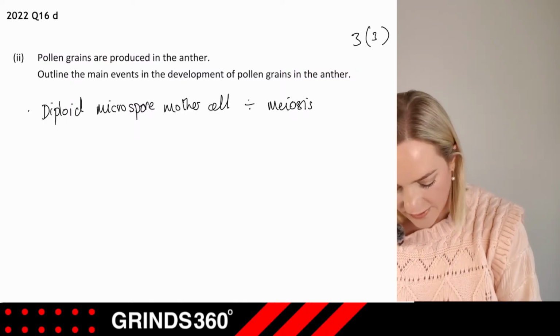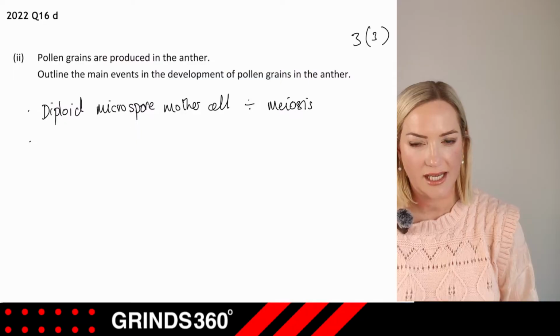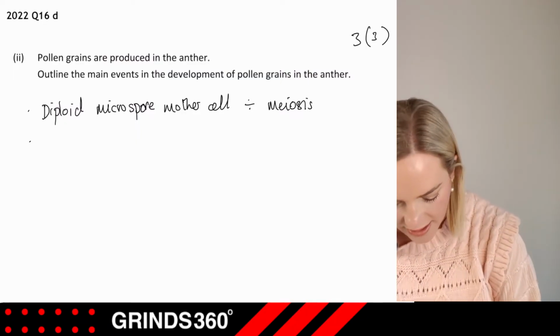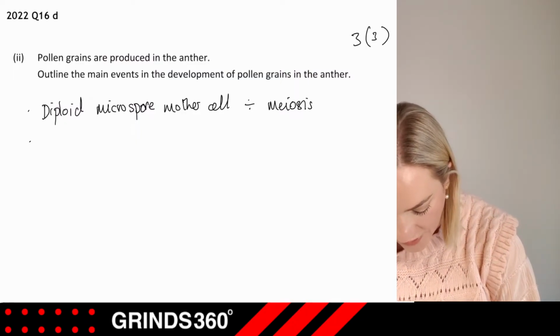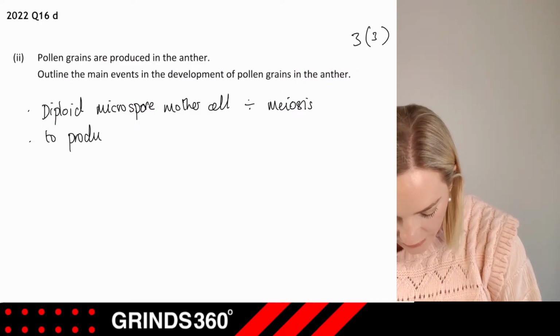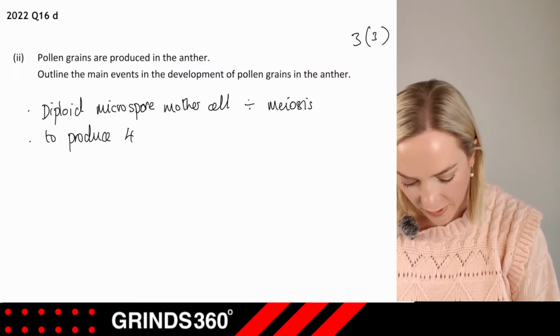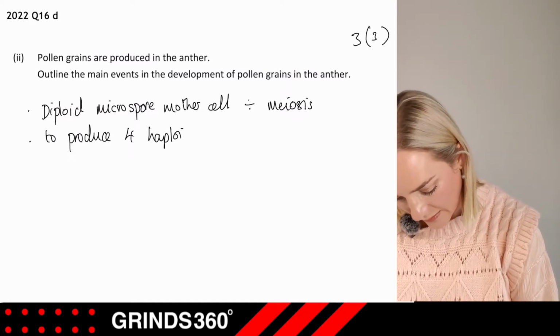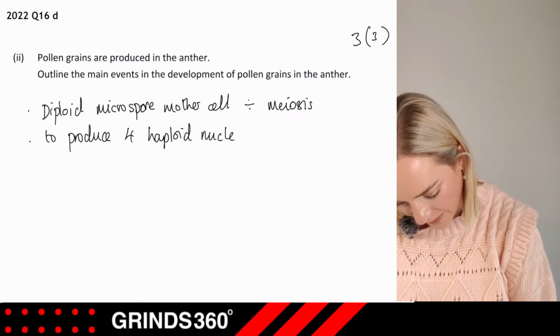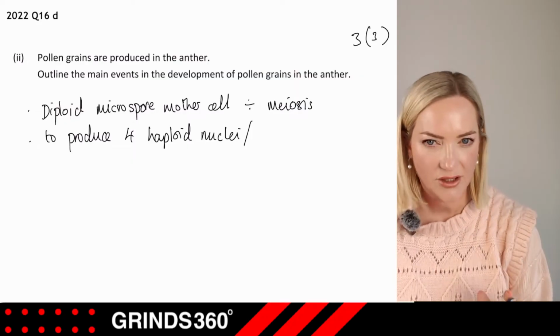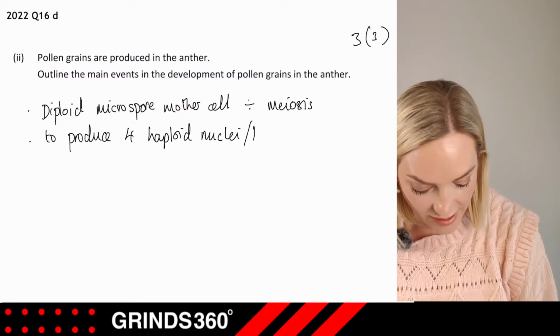That's my first point. My second point: when that divides by meiosis, it will produce 4 haploid nuclei, or I'm going to put a slash here and say tetrad, because some people may have been told tetrad. Both are correct.